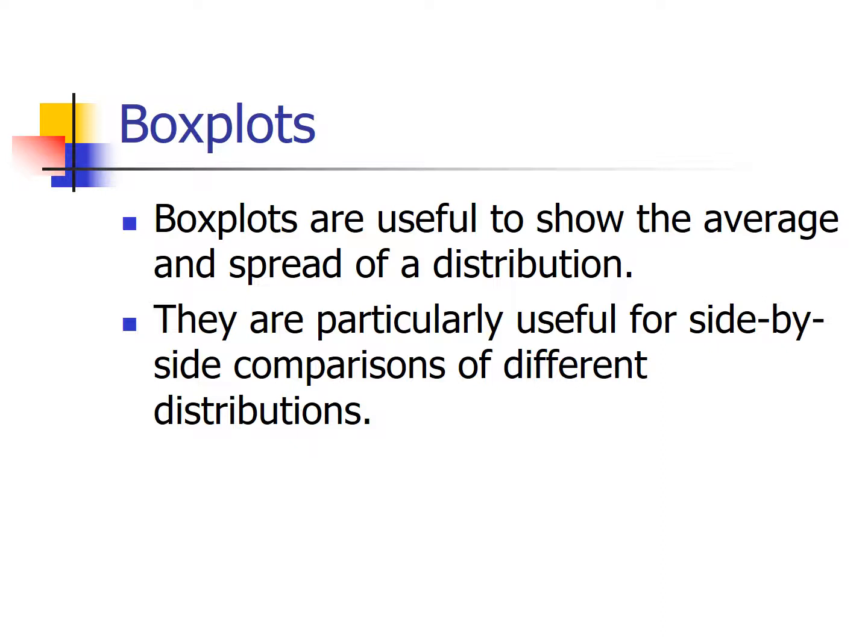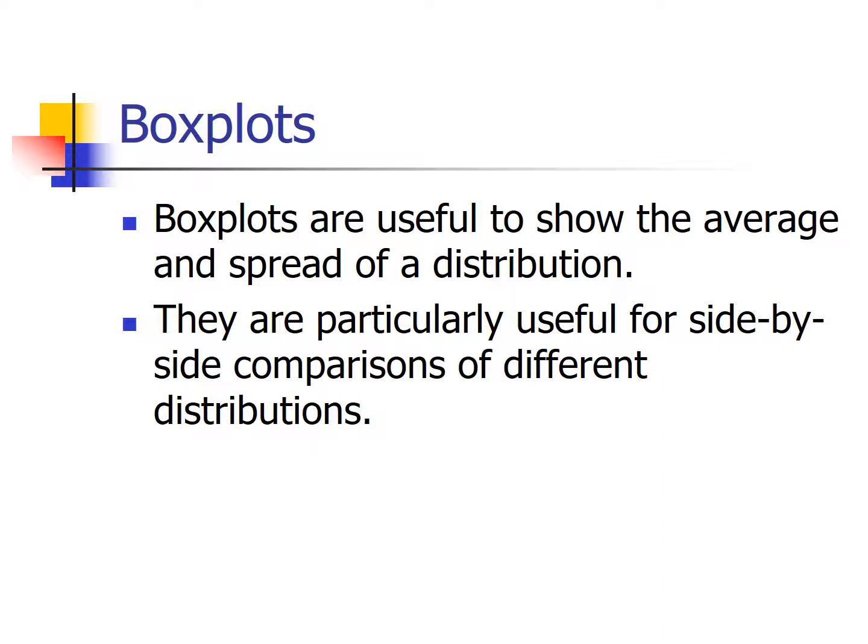Box plots are useful ways of visually or graphically showing average and spread of a distribution, but they're probably at their most powerful when they're used for side-by-side comparisons of different distributions, or different groups.